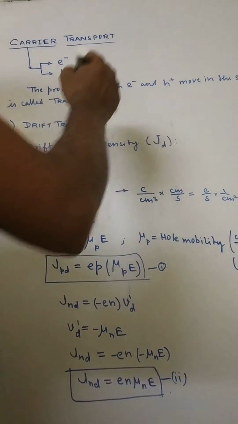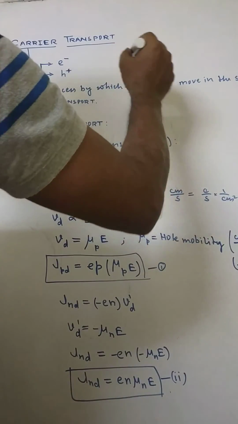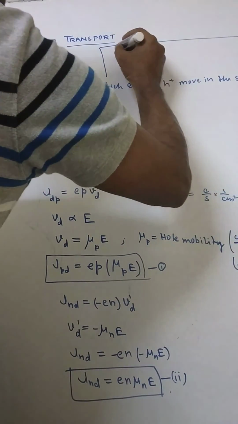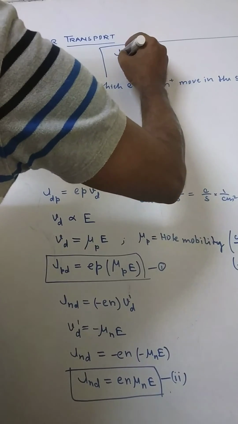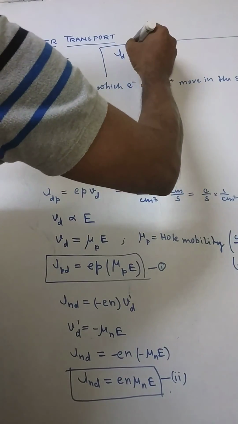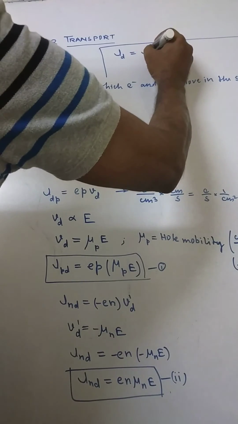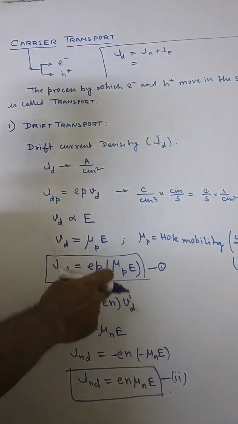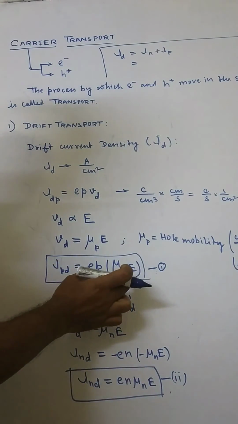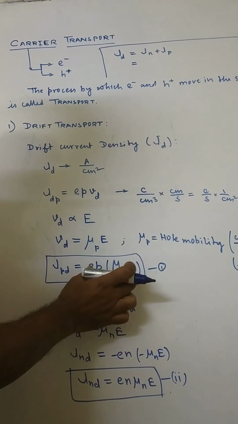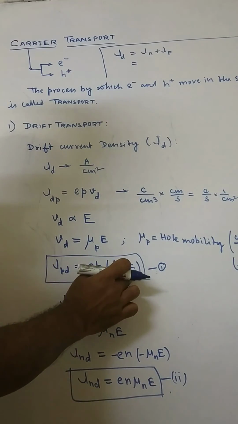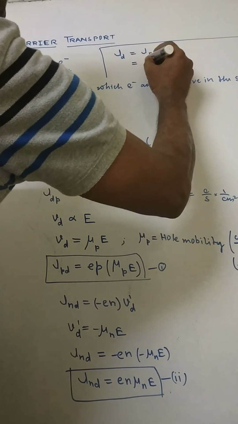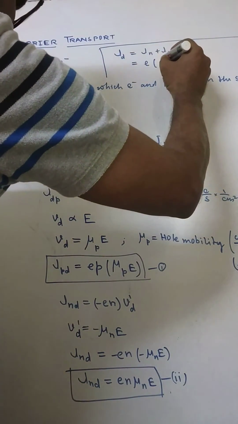Now the net drift current density JD is nothing but Jn plus Jp. If I add both of these, the common factors are small e, the electronic charge, and E, the electric field, which come out as a common factor.